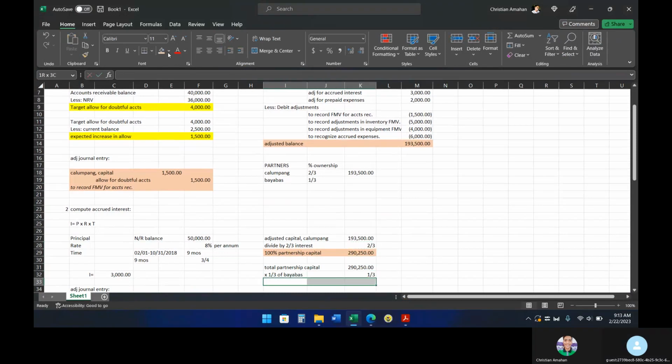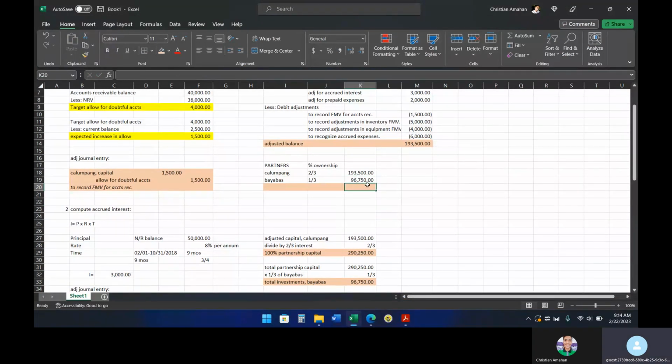So, the total investment of Bayabas during partnership formation is of course 96,750.